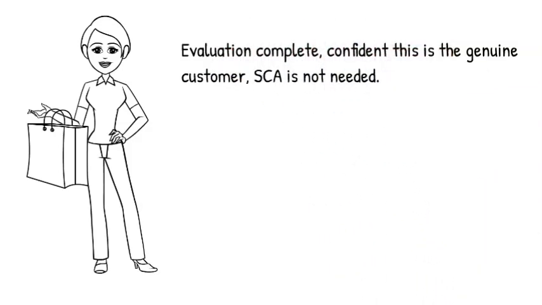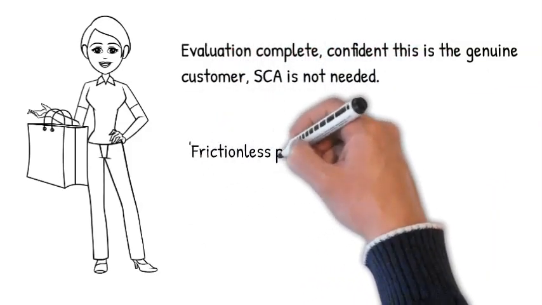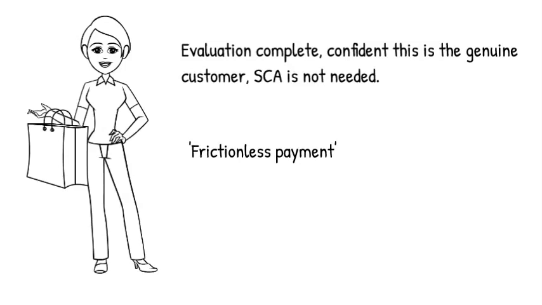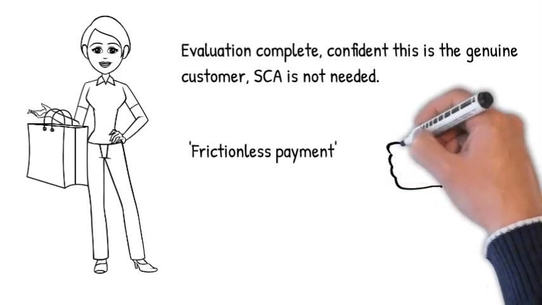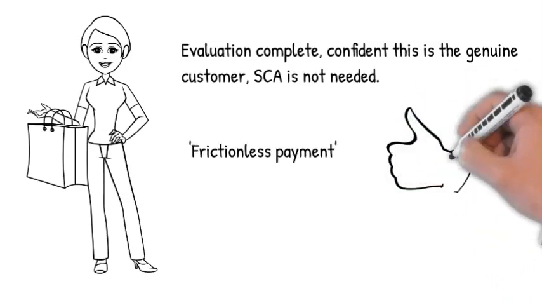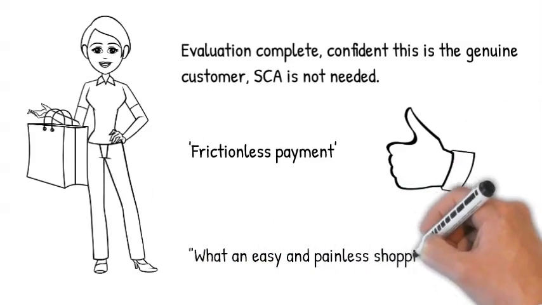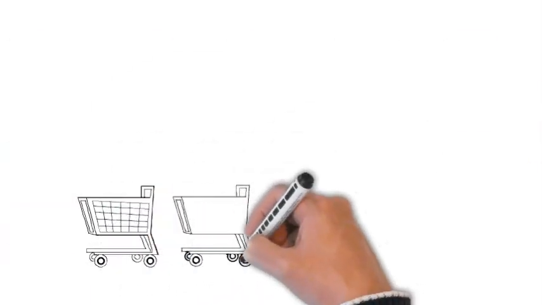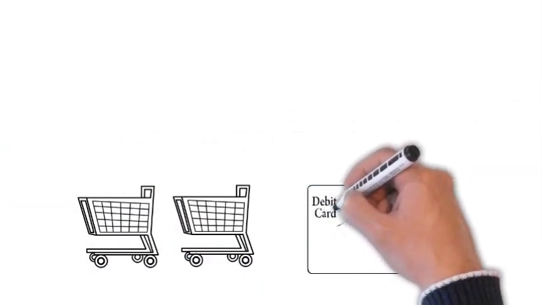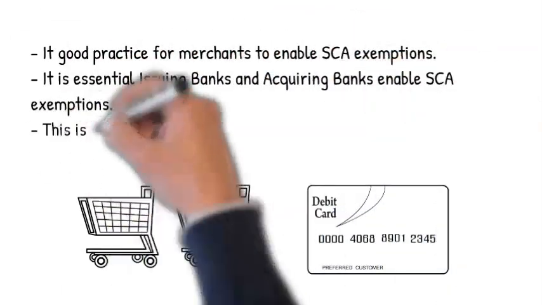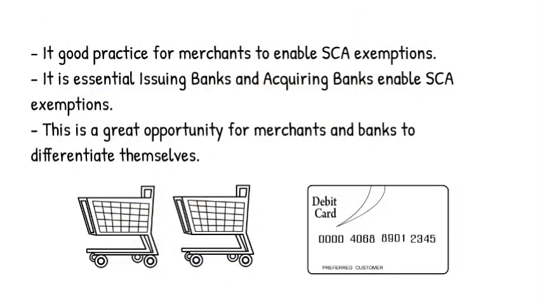In this case, the merchant and the consumer's bank can evaluate the risk of the payment and make the decision to stop the consumer having to go through SCA. This is known as a frictionless payment and gives the consumer a far greater experience, and this is why merchants and banks should adopt an effective SCA exemption strategy and use this as a competitive advantage.